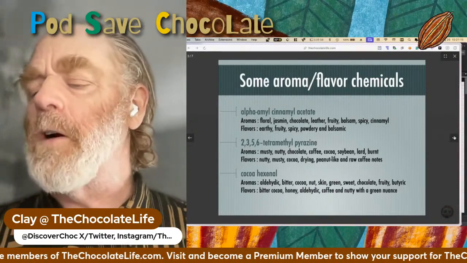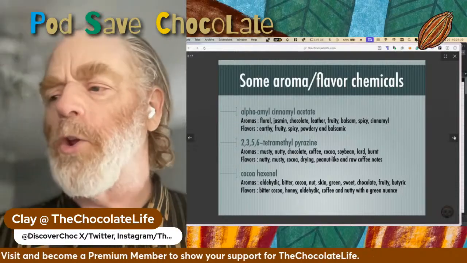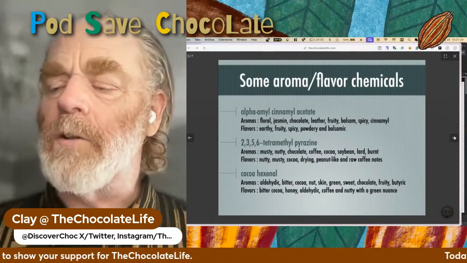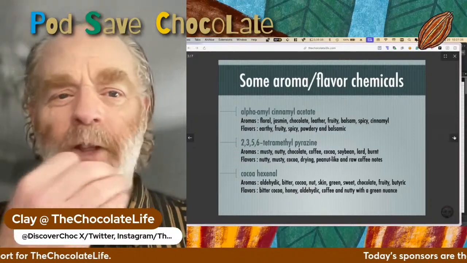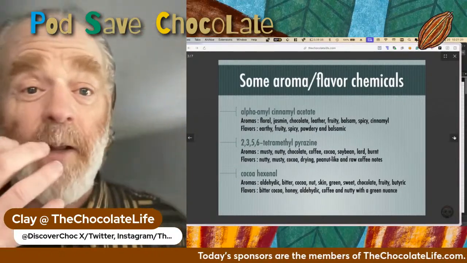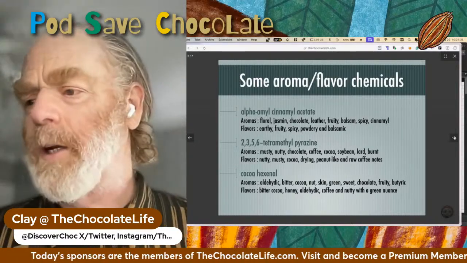And the flavors are, or actually should be taste rather than flavors, earthy, fruity, spicy, powdery, and balsamic. So we have a single chemical that when it's on the tongue, it provides certain sensory inputs. And when I sense it in the nose, I get other sensory inputs. And together, it gives me a particular flavor.